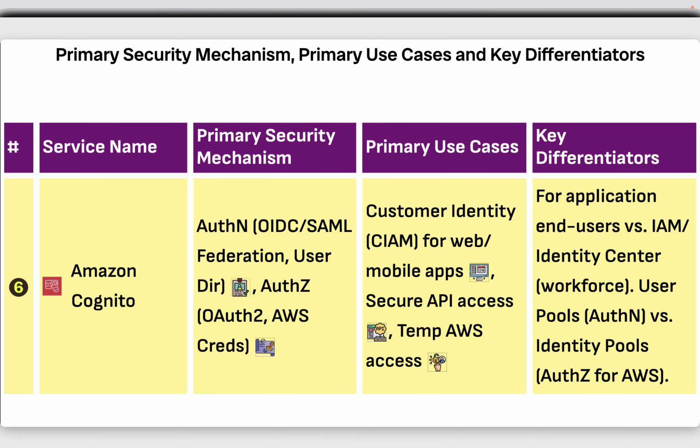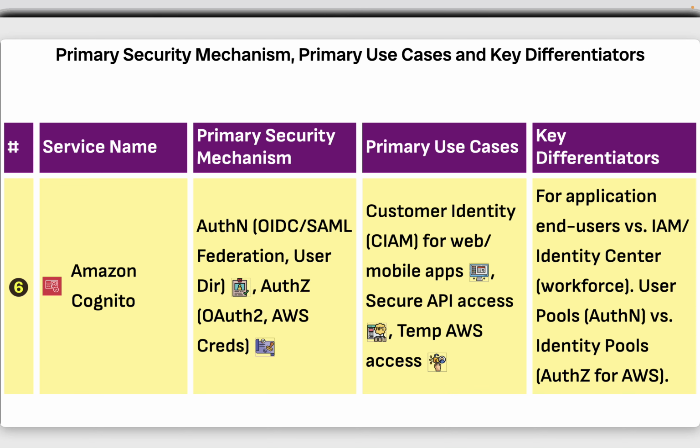Next, we have Amazon Cognito. The primary security mechanism is authentication through OIDC, SAML, federation, and user directory, and authorization, which includes OAuth 2 and AWS credentials. Use cases are customer identity and access management, CIAM, for web and mobile applications, secure API access, and temporary AWS access.